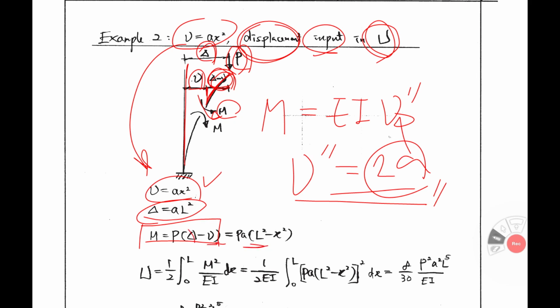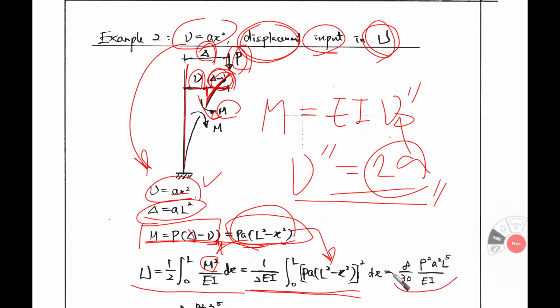This V, A x squared, like that. Okay, this is the moment. So the strain energy equation is this one, right? One over 2 integration of moment squared over EI dx. At this moment you input this value here. Okay, P A times (L squared minus x squared), squared. Then if you calculate this equation, you get this value.